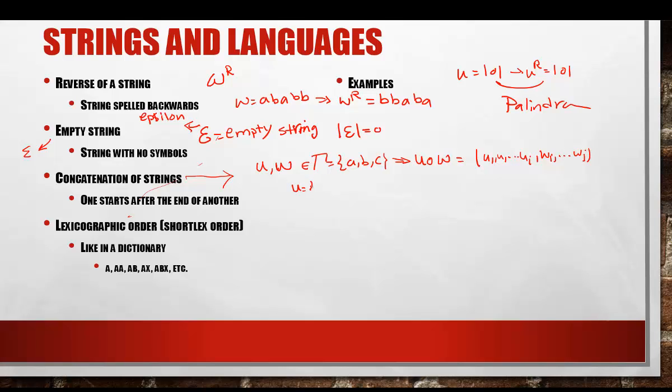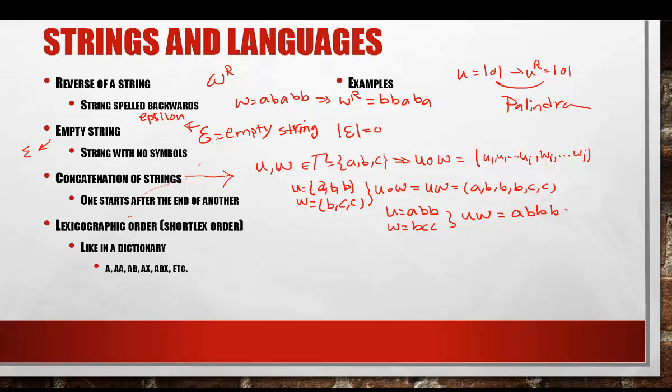For example, if U was A, B, B and string W was B, C, C, then the concatenation of U and W, which sometimes we put a little dot in between them and sometimes we eliminate that, the concatenation UW, is going to be the sequence A, B, B, and then B, C, C. So UW concatenated would be A, B, B, B, C, C, right?